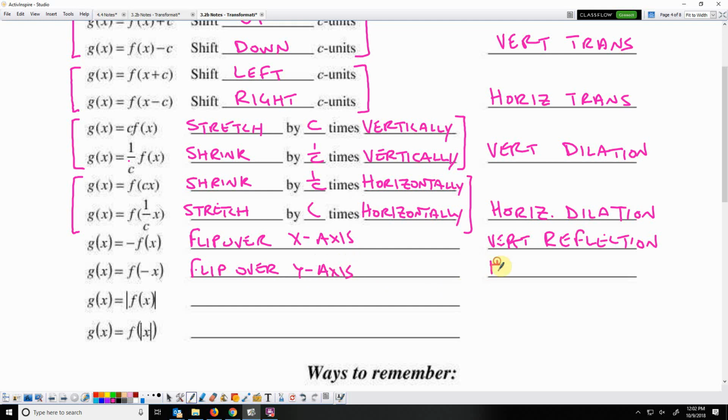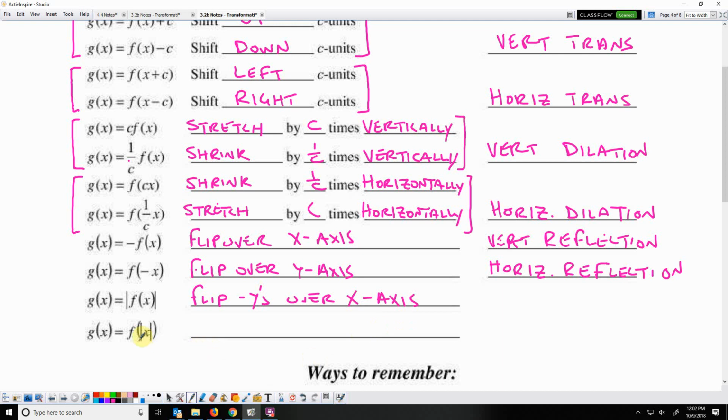And that is called a horizontal reflection. When I take an absolute value of a function, what happens is I flip the negative y's over the x-axis.